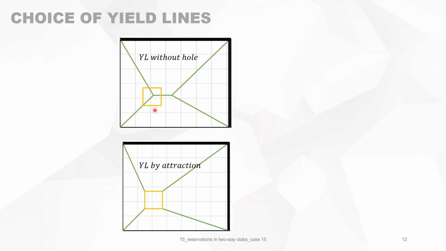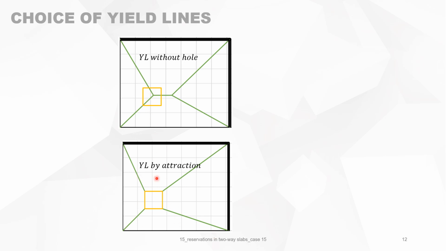The reservation location is the same size, the same conditions. And you see this is using the 30, 45, 60-degree rule. This is 60, 45, 45, and this is 30. Then you get this pattern. So it's not a square, it's a rectangle. And then we use our attraction by yield lines in this pattern.